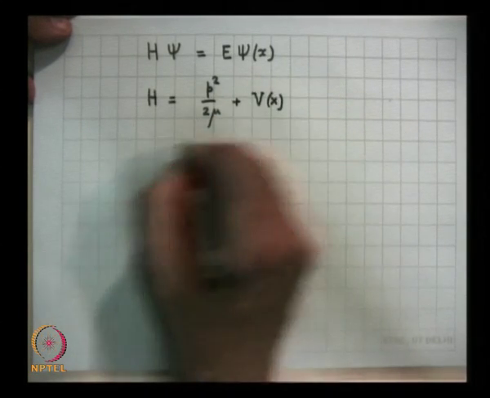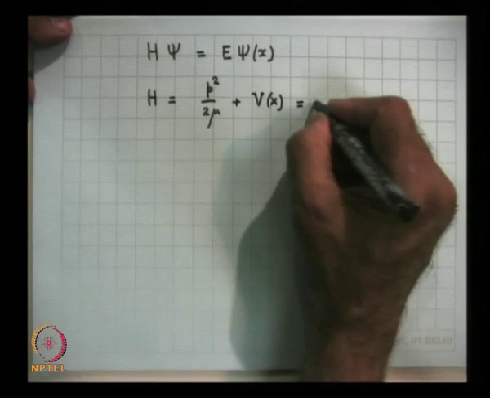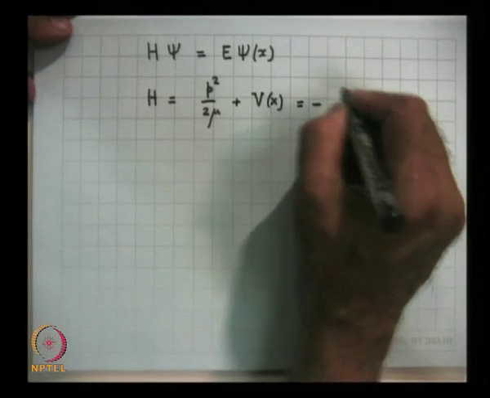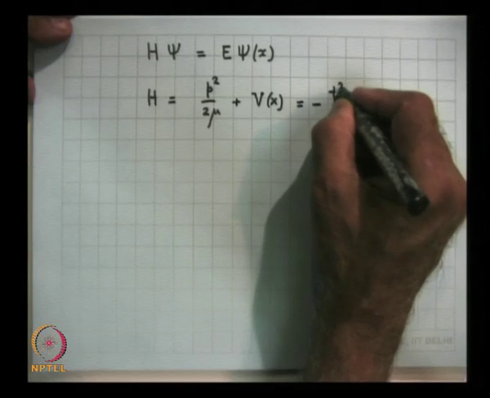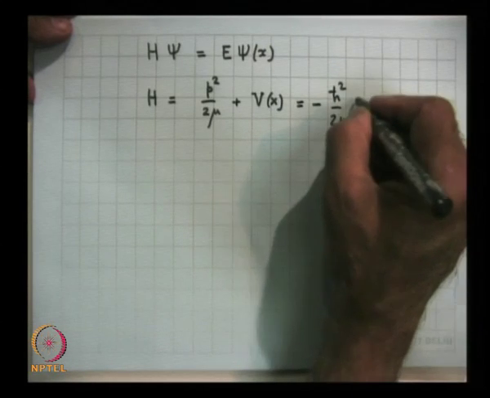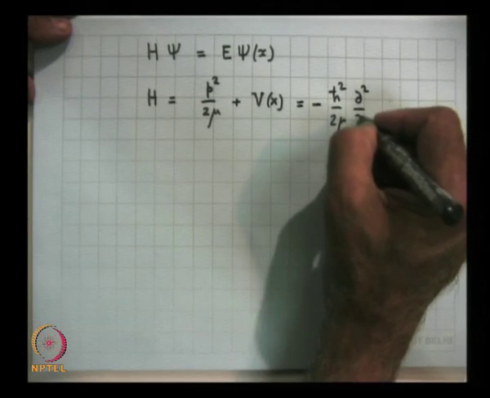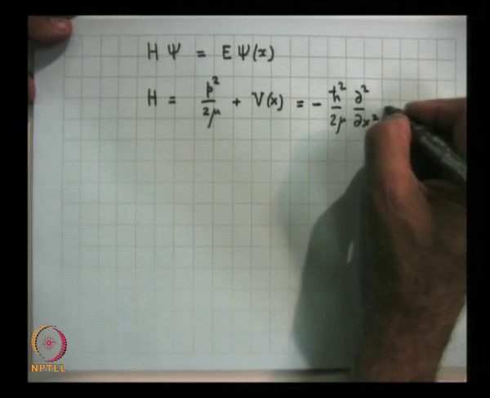And if I substitute for p is equal to minus i h cross delta by delta x, we will get minus h cross square by 2 mu delta 2 by delta x square plus V of x.